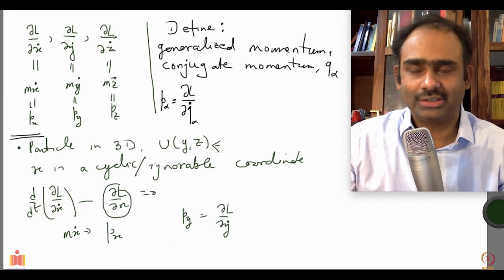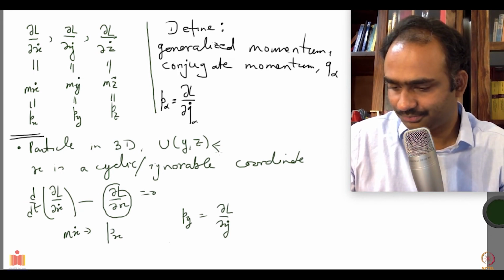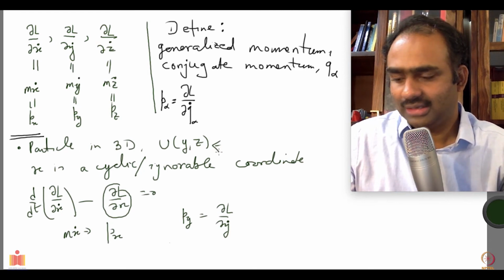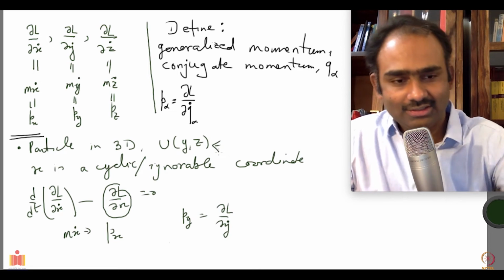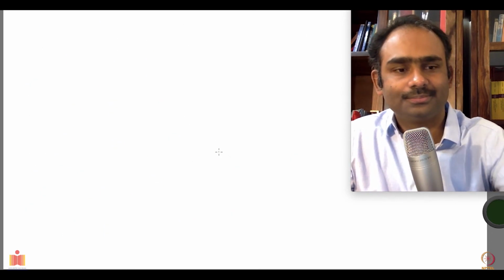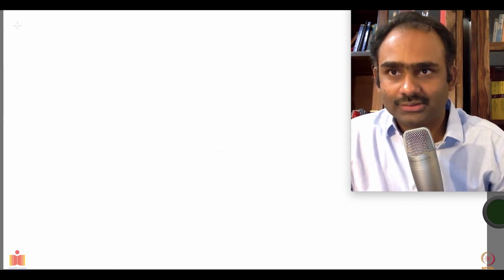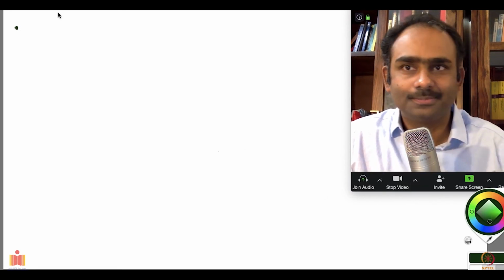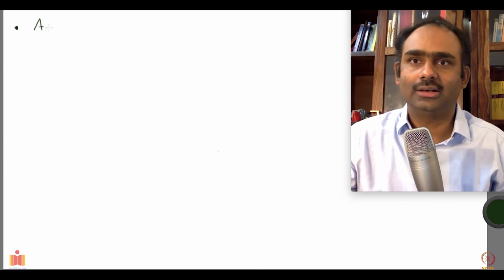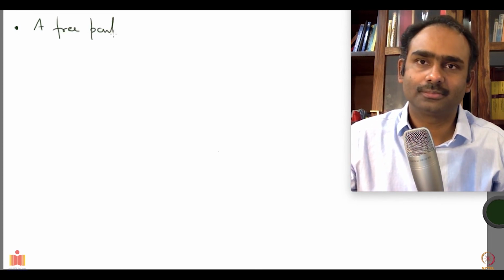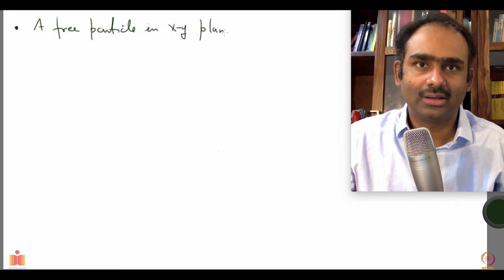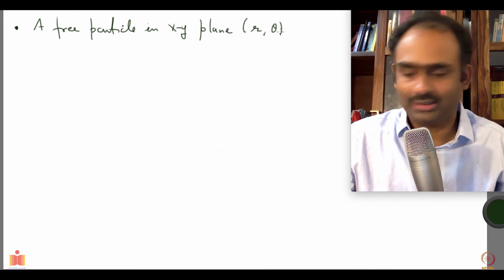The simplest one to think of is again a free particle, in the xy plane, and I use polar coordinates r and theta.